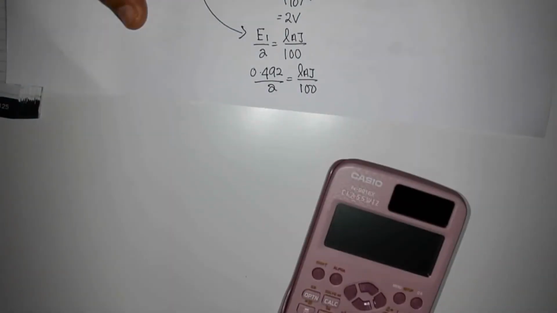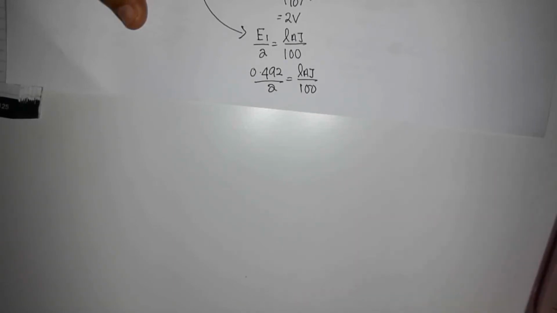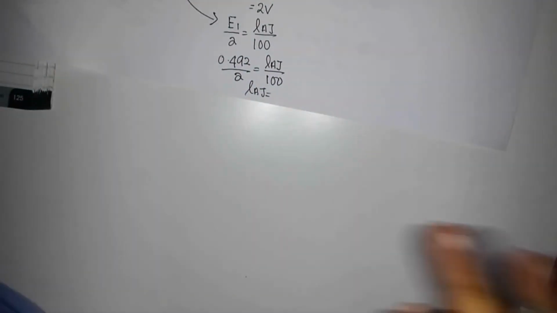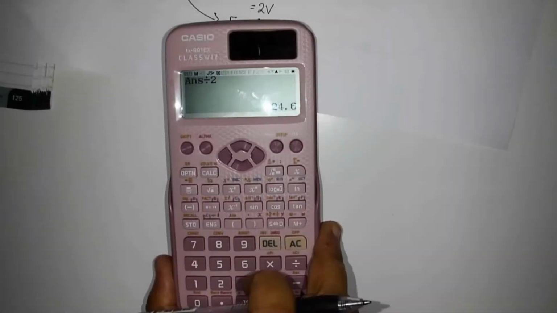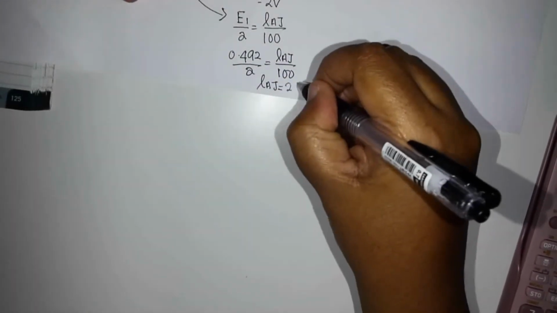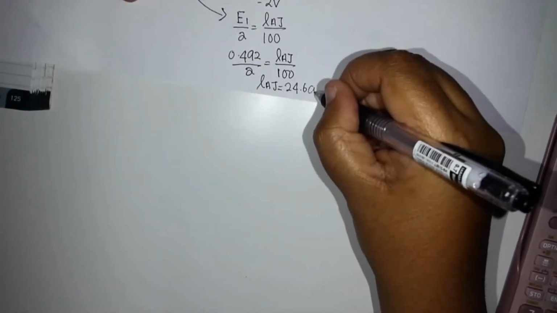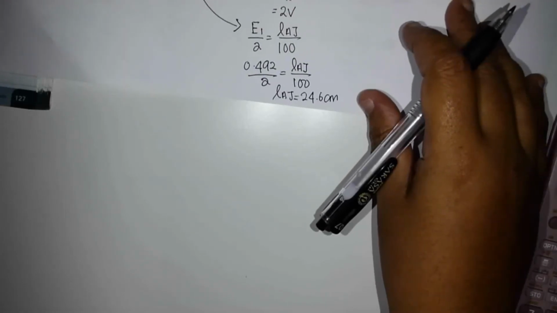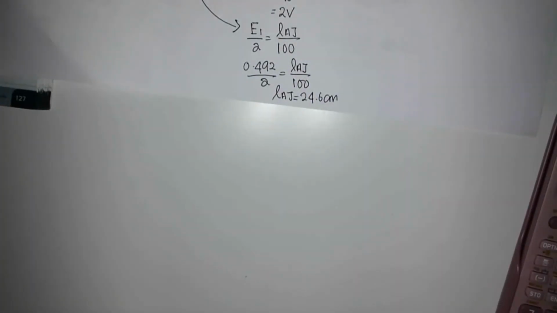So we get 0.492 times 100 divided by 2. Our answer is that length AJ is 24.6 cm.